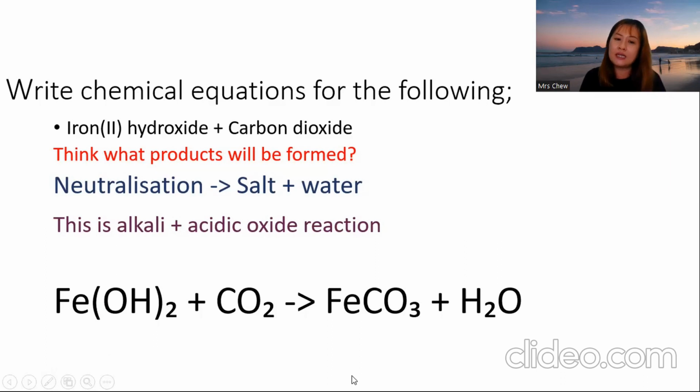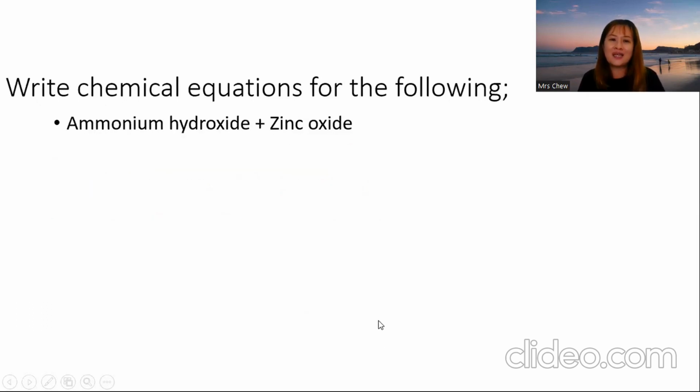So make sure you have iron here and carbon, oxygen. And how do you derive this, right? You have to put your water first, and then you will be able to derive that it is iron carbonate. Okay, another one is ammonium hydroxide. Again, it is a base plus zinc oxide.